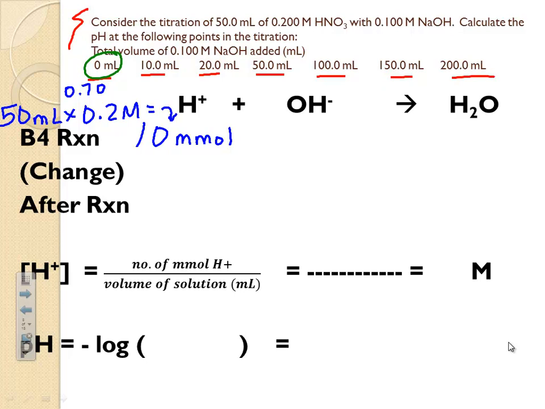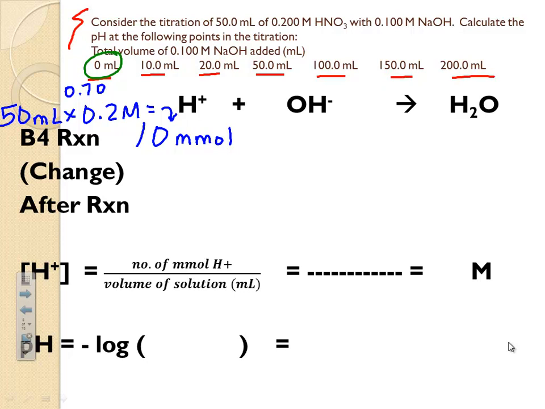That's going to give us our millimoles. The only benefit to this is just that you don't have to do a conversion between milliliters and liters. We're generally going to be working in milliliters, so it's easier just to work in millimoles. And you'll see that it comes up a couple more times where this is just an easier way of doing it.